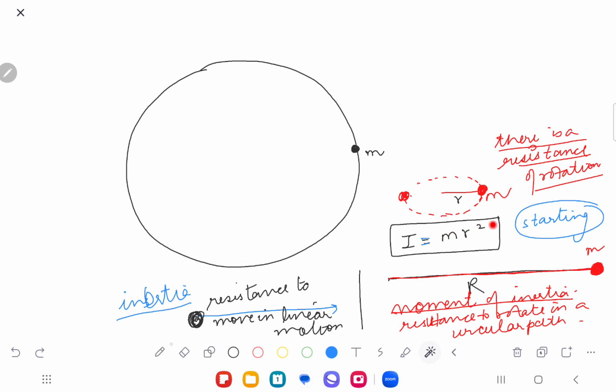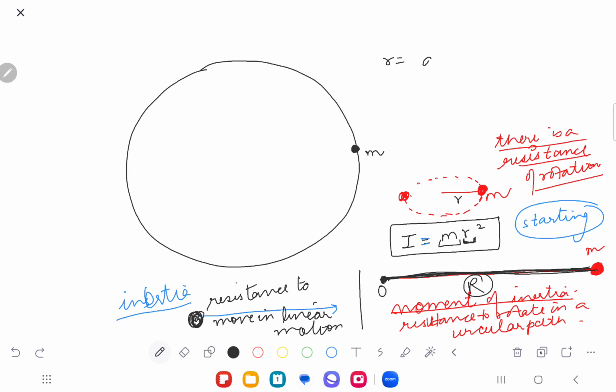Right? So m is the mass, R is the radius, the length of the thread or length of the axis. So from point O, this mass M is rotating. The distance of the mass M is R. So what is small r?